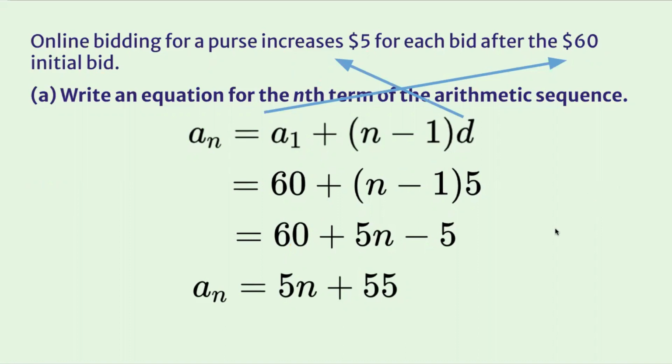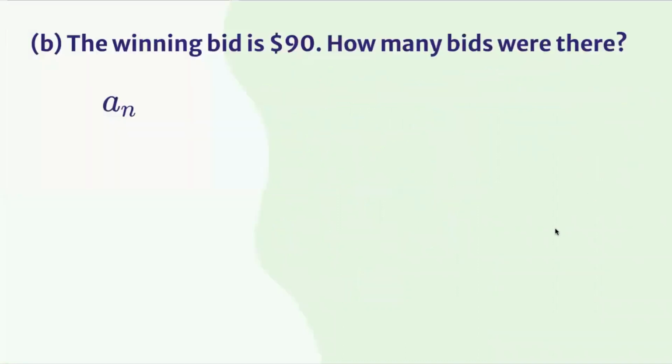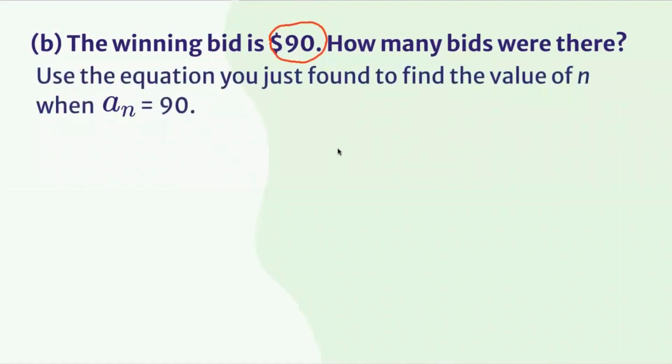And so part 2 is that the winning bid is $90. How many bids were there? And so rather than trying to find a certain term in the arithmetic sequence, they've already given us the term. So all we have to do is take the equation we found.